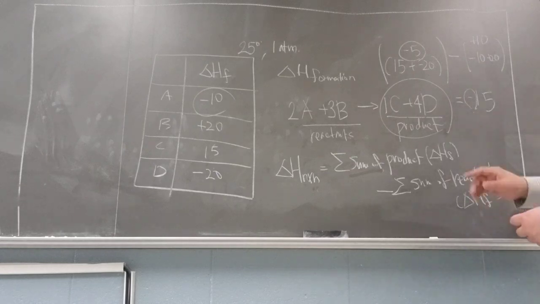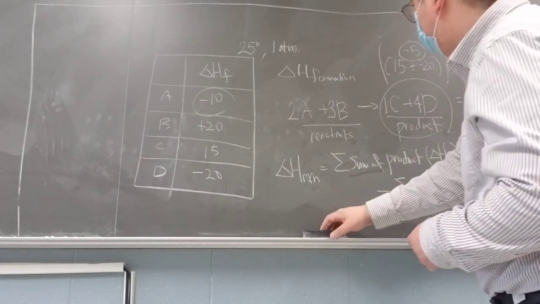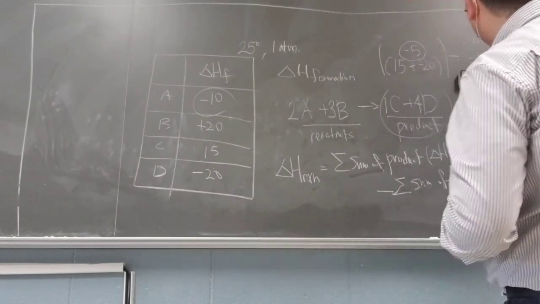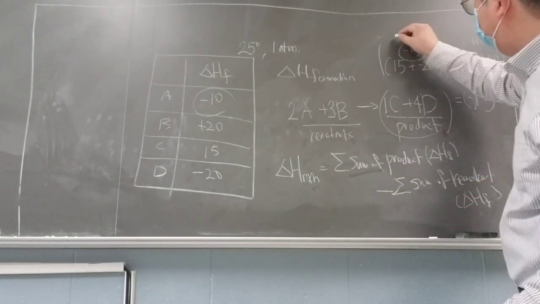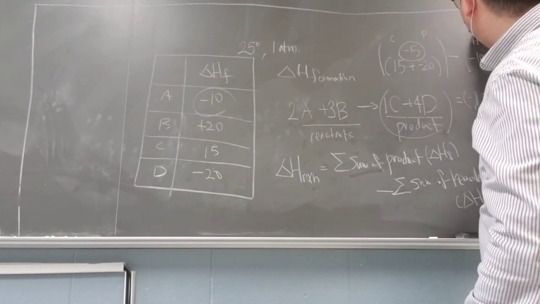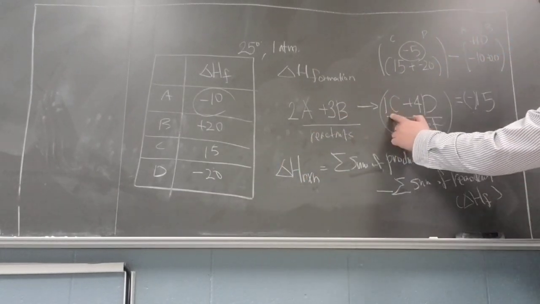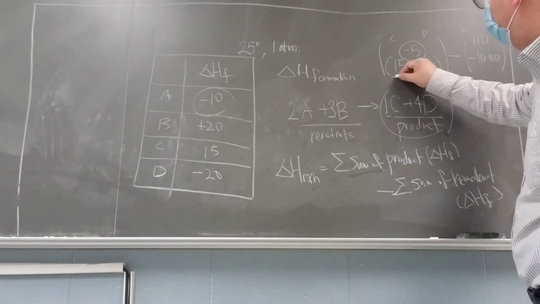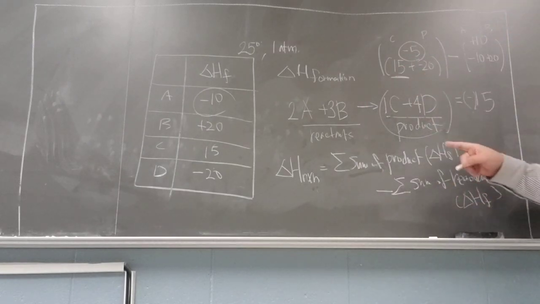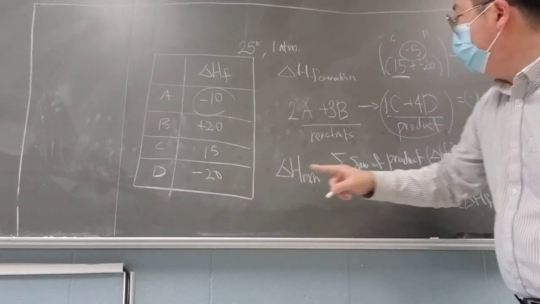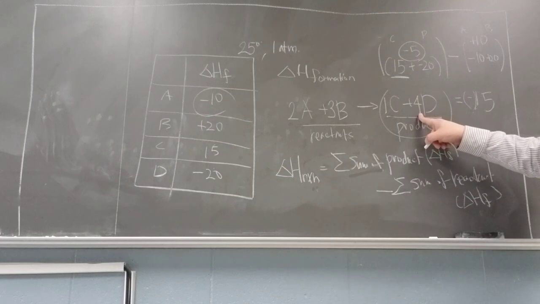Okay, so in this case, what I'm only going to change here is, so this is the C and D, A and B, right? So C was 15, but C was only 1, so you don't have to do anything for this one, okay? But D was what? Negative 20 here, but there's 4. Okay?